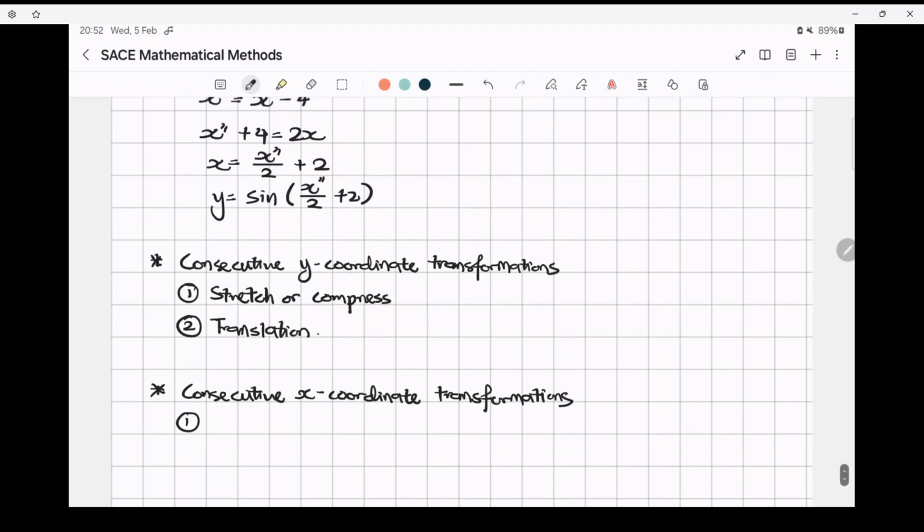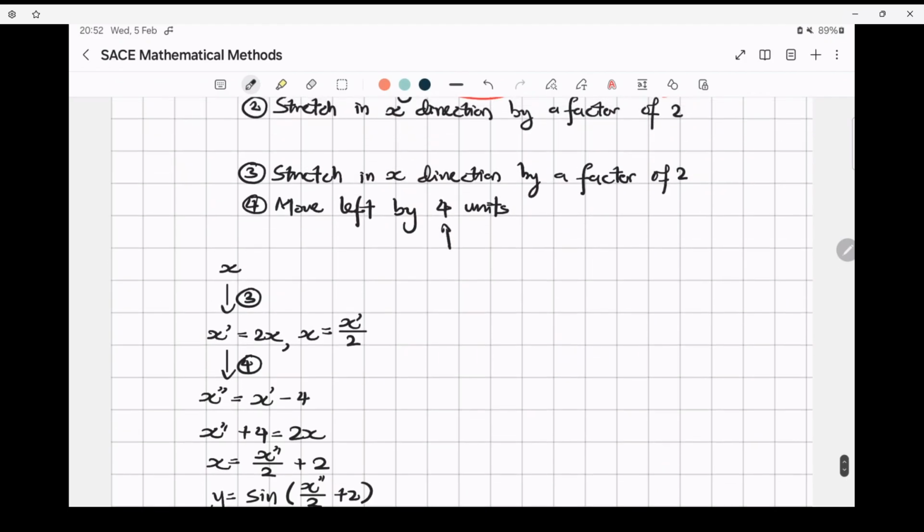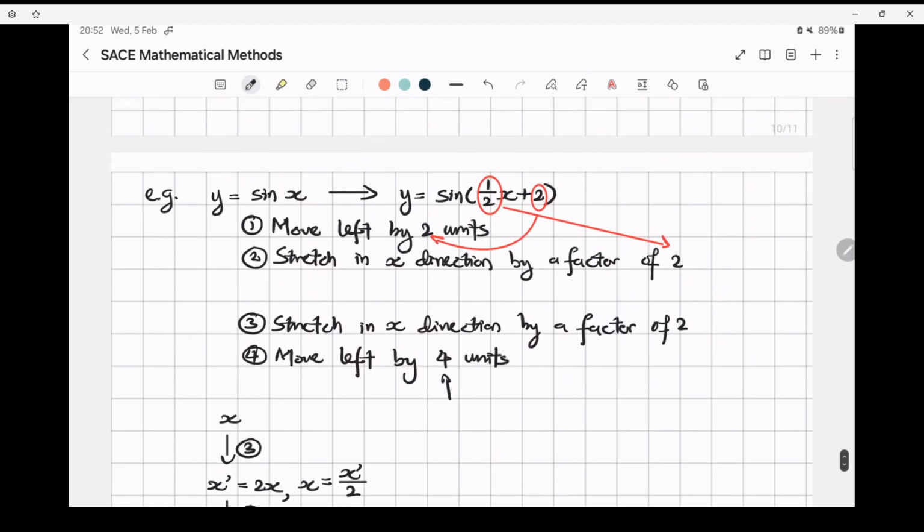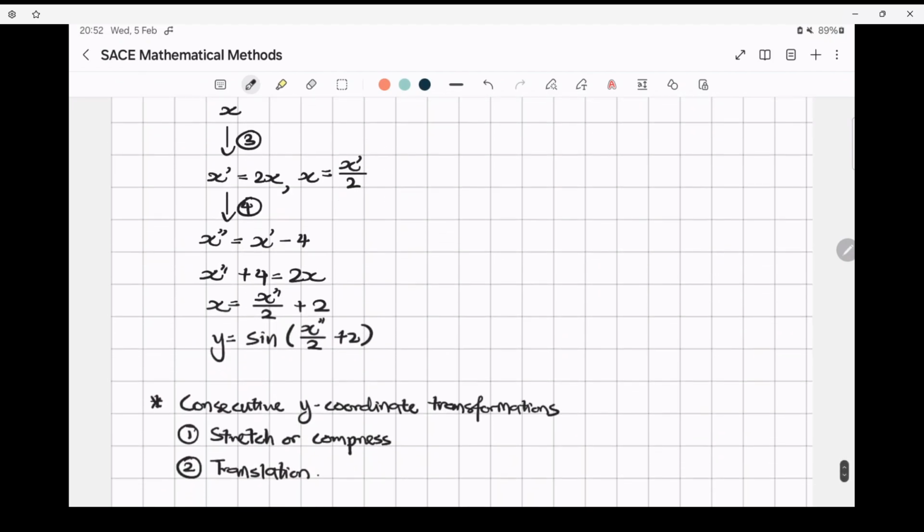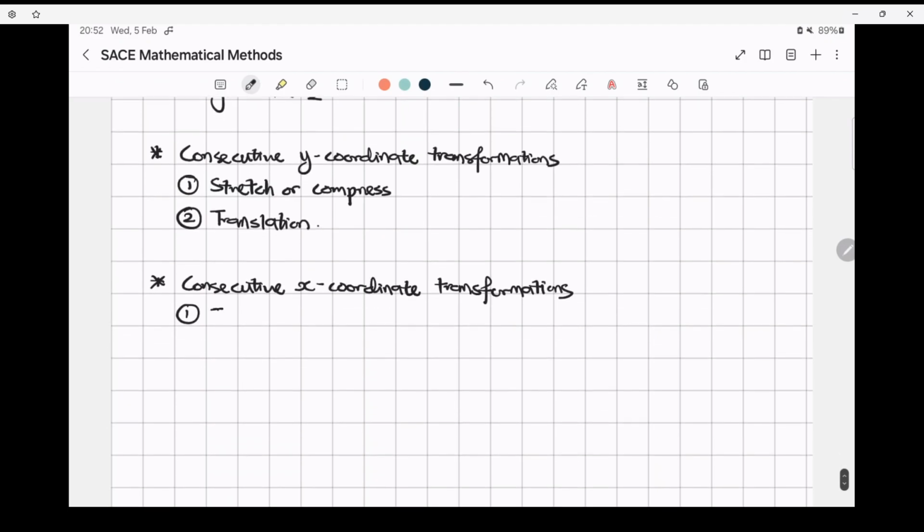If you look at the example from yesterday, it is always recommended for you to do the translation first, then you do the stretch or compression, so that your translation factor or your stretch or compression factors stay the same. So you will do the translation first, then you do the stretch or compress.